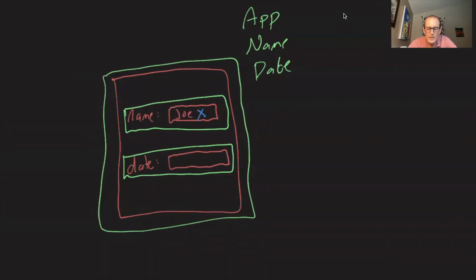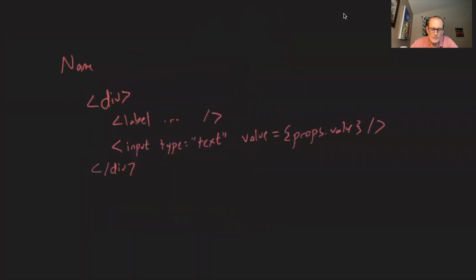But now let's say we type an X after there. Okay, what's going to happen? Well, what's going to happen is we can get an onChange event to the input. So let's go ahead and add in here an onChange. Okay, and this is a function we pass in.